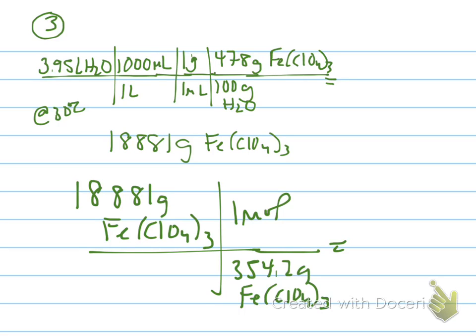So we have 53.306, etc. moles of iron 3 perchlorate. Well, now we're ready to find the molarity. Can you see that? Is it down too low?